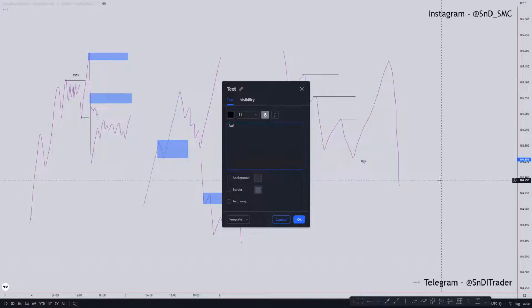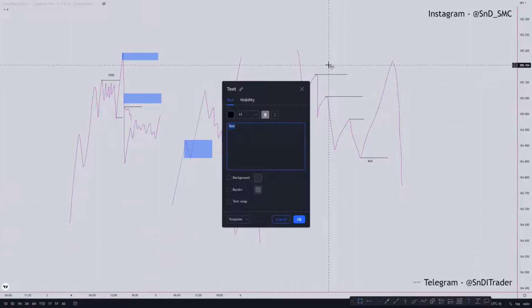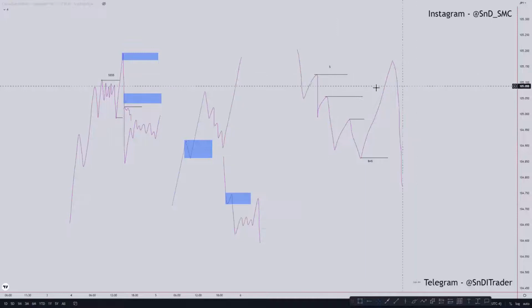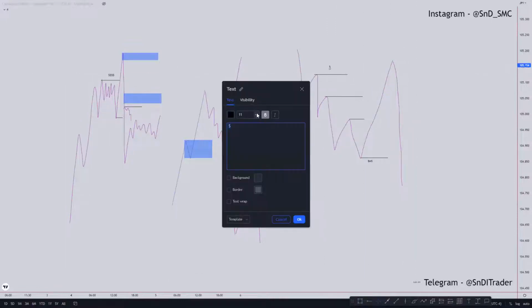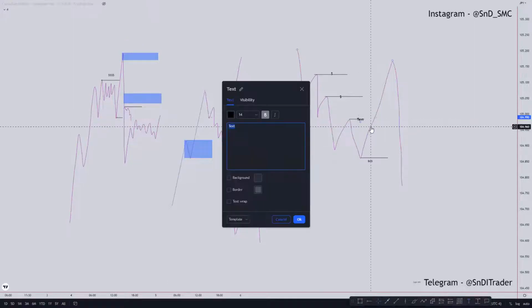All right. So what we can do, we can look for that high which is responsible for the BMS and which has taken out the liquidity. So this high has taken out all those liquidity from here, okay, from here as well.